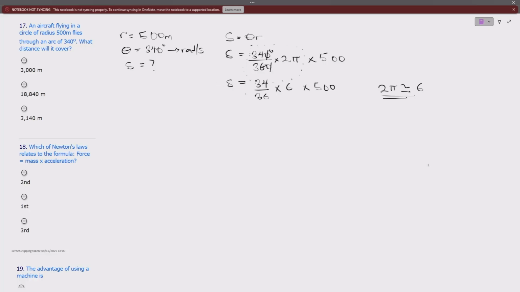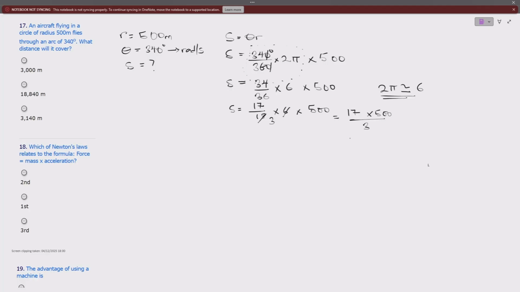So we are going to have 17 over 18. S equals 17 over 18 times 6 times 500. 6 goes here 3 times. That will give you 17 times 500 all over 3.